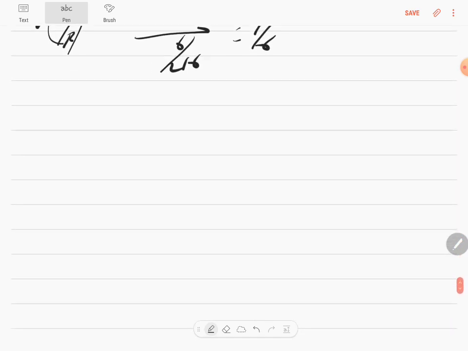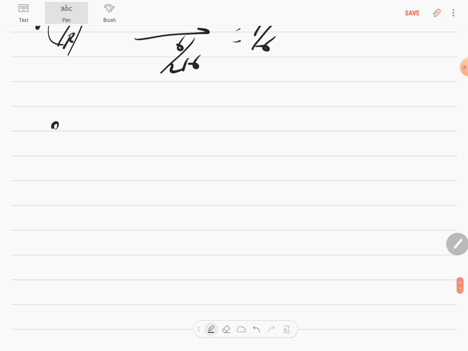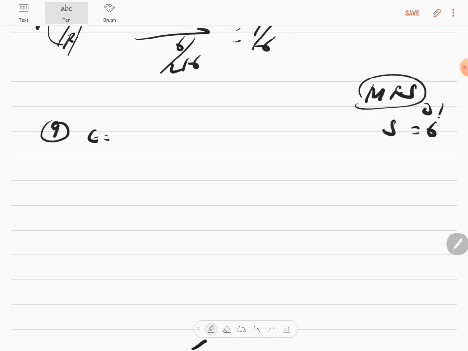So let's go to the next question, which is the 9th question. Mother, father, son line up in random order. First, mother, father, son can be arranged in 3 factorial ways, which is 3 twos are 6 ways. So the sample space is 6. Now event E is son on one end.